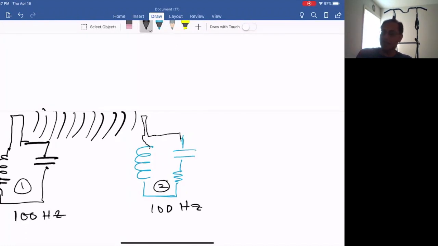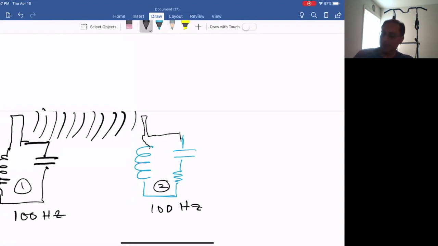And that electromagnetic wave is going to hit the antenna of circuit number 2. And amazingly, it's going to make circuit number 2 also start oscillating. So there will be a current going in circuit number 2 as if you put in a battery in there, which you didn't. And so that is one way you can send signals from one point to another. At a very elementary level, that is how any radio works. So that's how radio transmissions work, right?